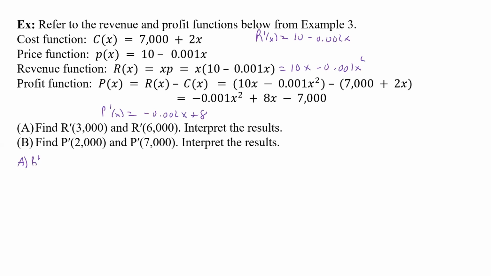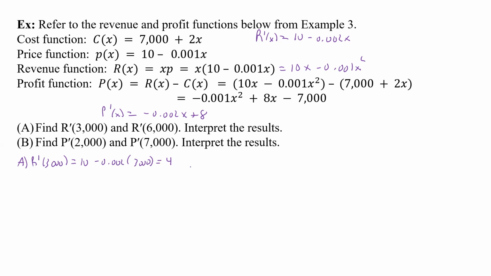So R prime of 3,000 is going to be what? Well, here's our R prime, so we plug that in. That's going to be 10 minus 0.002 times 3,000. And if we plug that in, that gives us a simple 4. And so what does that mean? Well, it means the marginal revenue is going to be 4.